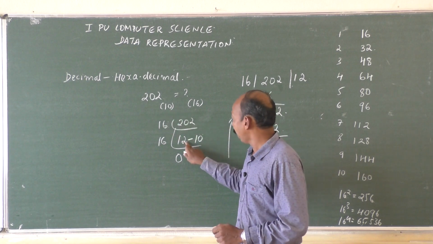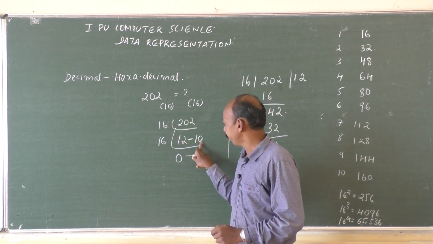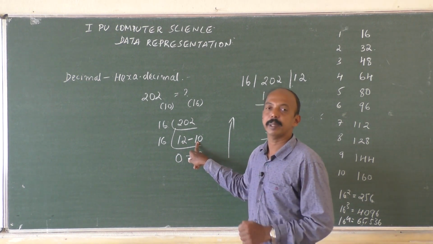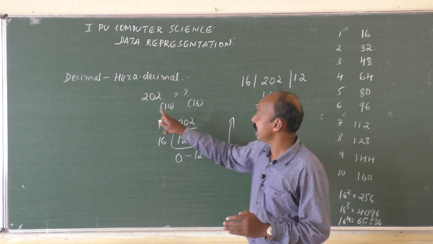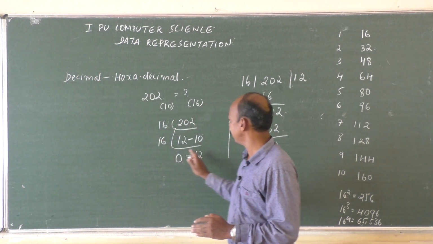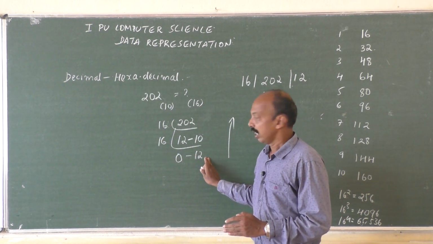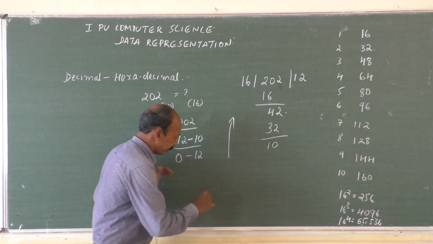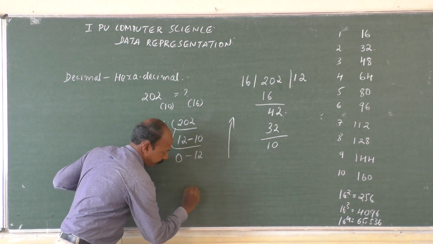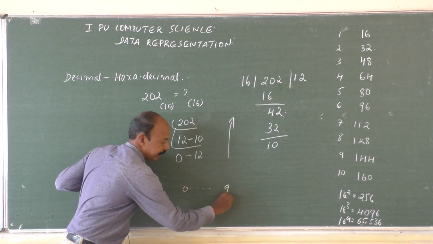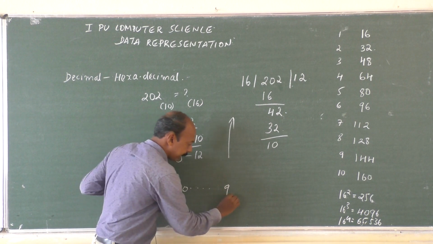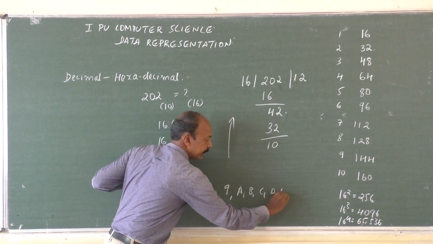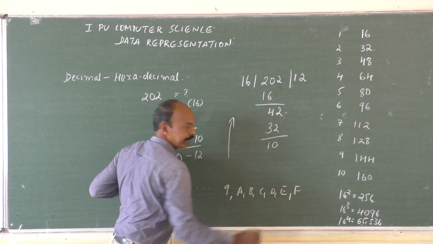That's why whatever remainder you have written here is the decimal equivalent, not the hexa number. Only in the case of decimal to hexa, this particular problem comes. That's why, as we have seen, 0 to 9 is the same, then comes A, B, C, D, E and F.